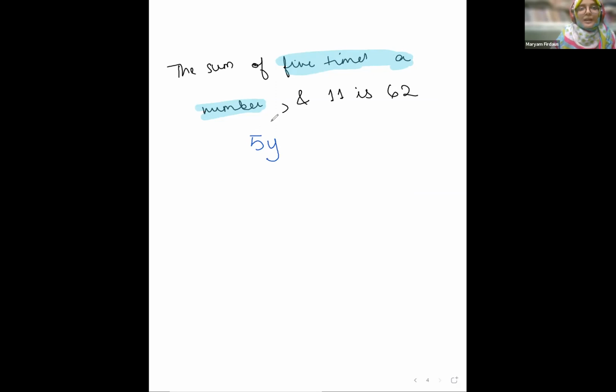Agreed. Next, they are saying the sum of this thing and 11. What are the two things that you have to add? The sum of the blue part and 11.